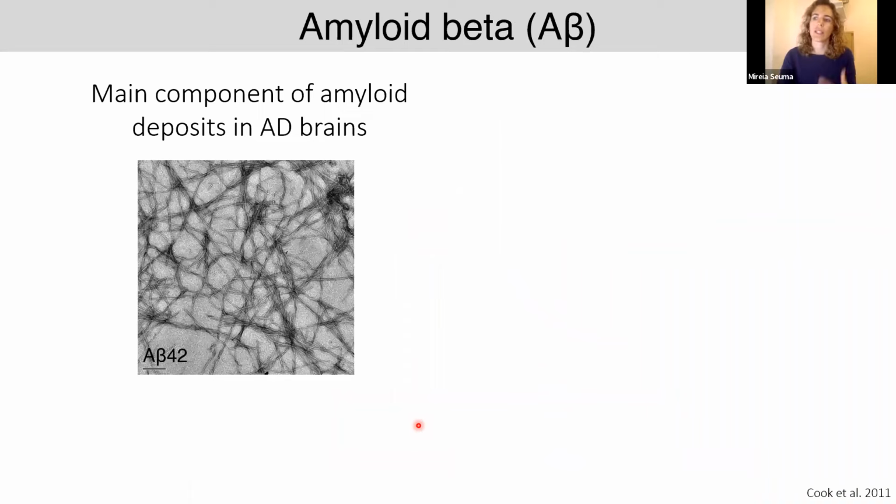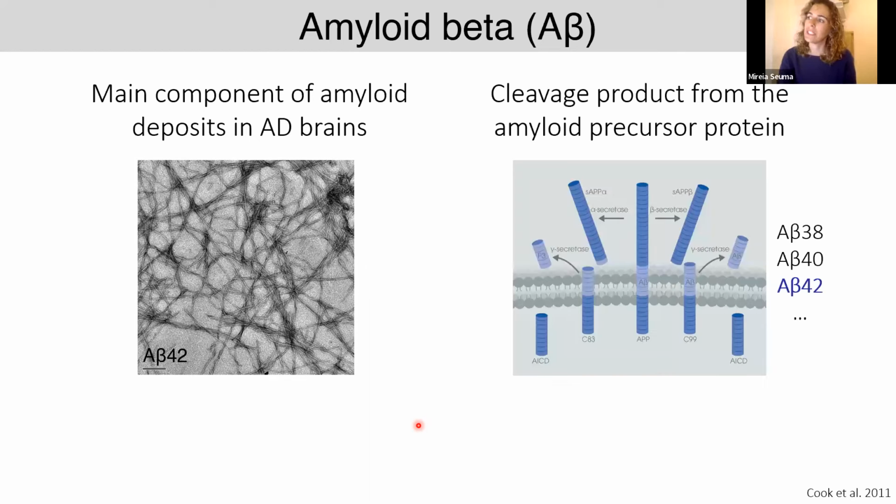To further characterize this process, we took as a classic model of amyloids the amyloid beta 42 peptide. This is the main component of amyloid deposits in the brain of Alzheimer's disease patients. It is a cleavage product from the amyloid precursor protein, and depending on the cleavage site, the resulting peptide has a different length.